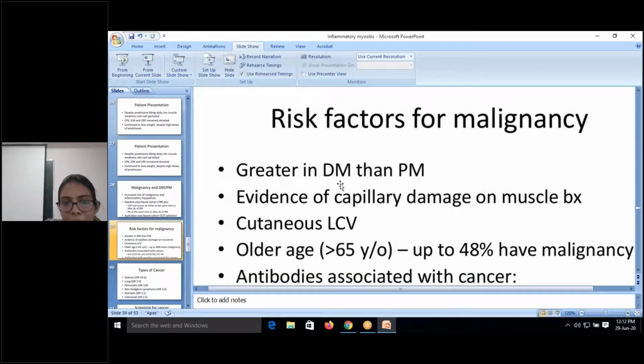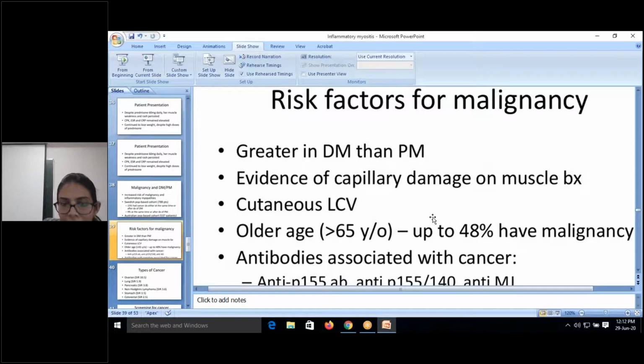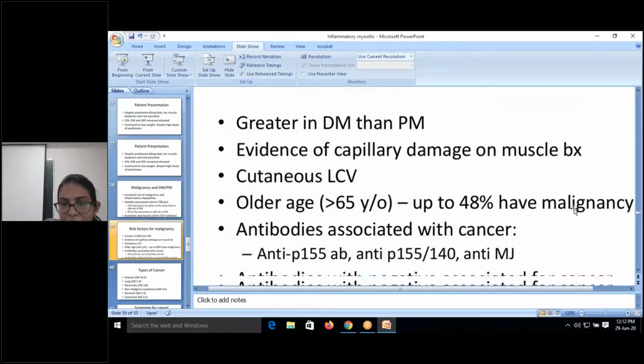Dermatomyositis has more predilection for cancer than polymyositis, and when capillary damage is more prominent on the muscle biopsy, those people are more prone to malignancy. Cutaneous leukocytoclastic vasculitis can occur, and in those more than 60 years of age, up to 48% of patients can have malignancy.